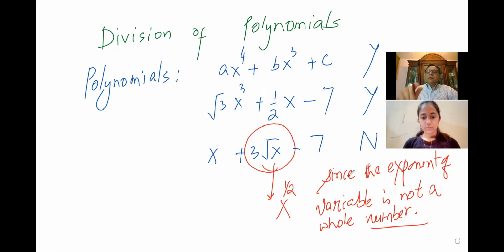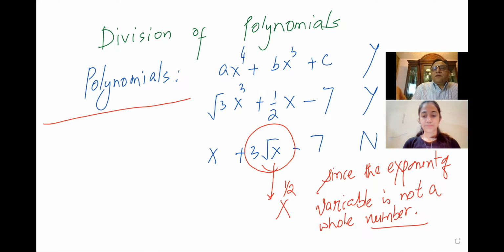So what is important is to understand that if I write some expression with many terms, what are we looking for? We are looking for exponents of the variable. In this case, it was x. So in any polynomial in general, we'll write a polynomial like what? Let me now write down what is a polynomial.